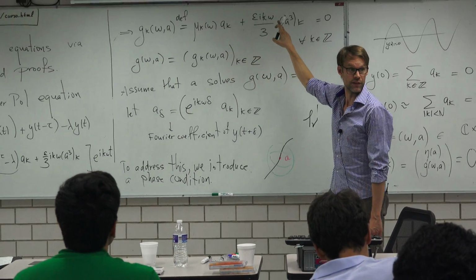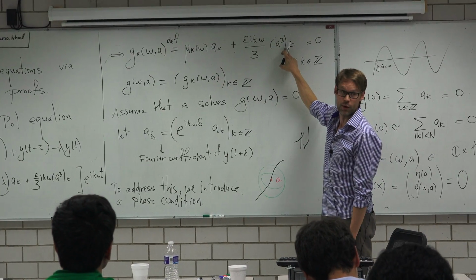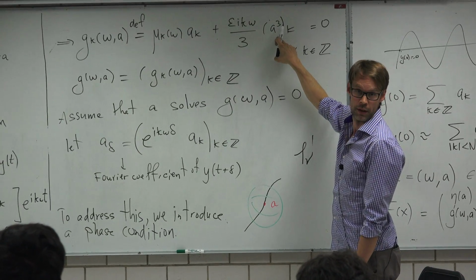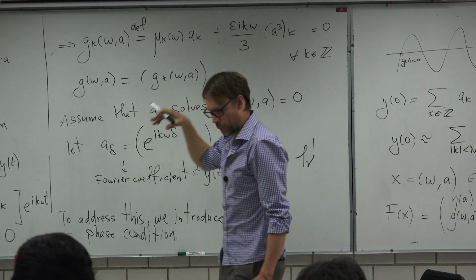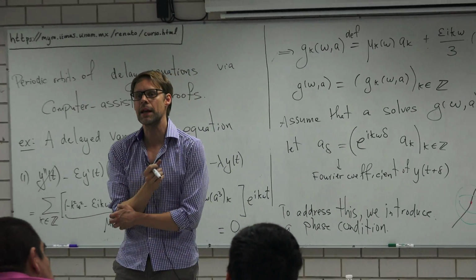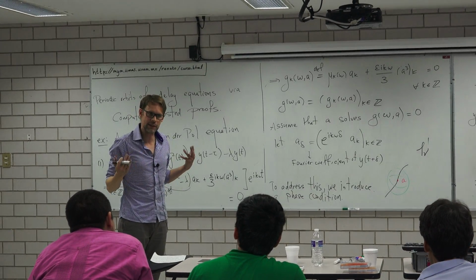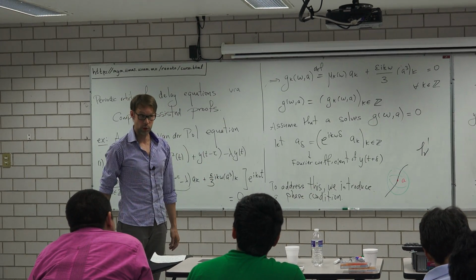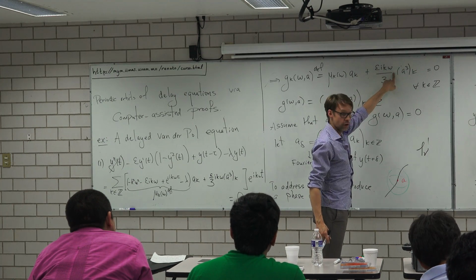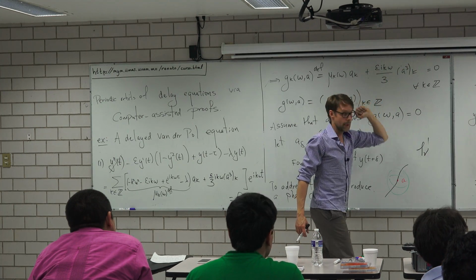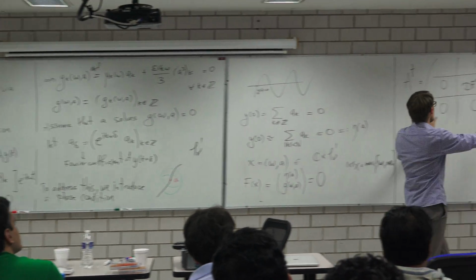If I take the derivative, because of the algebra, I will have 3 times a square k. We didn't do a lot of calculus in Banach algebra, but believe me, this is exactly the same as differentiating polynomials. So if you actually differentiate this, then you're going to get a 3 in front and an a square. And these are the terms that will appear in the off-diagonal terms.